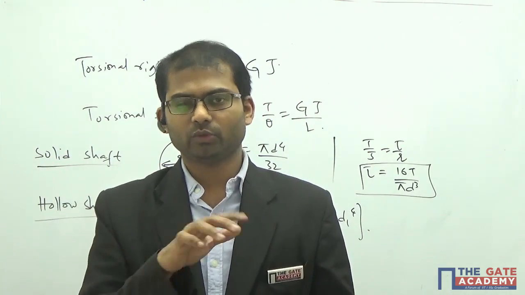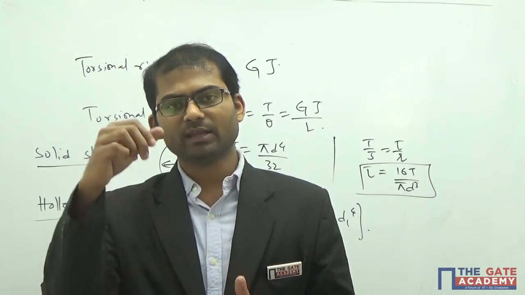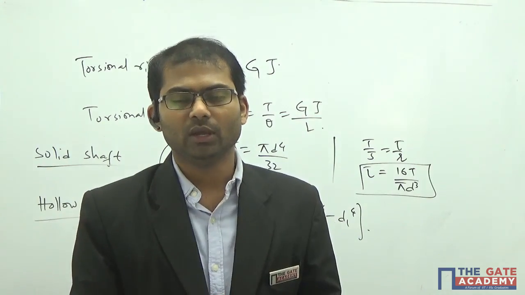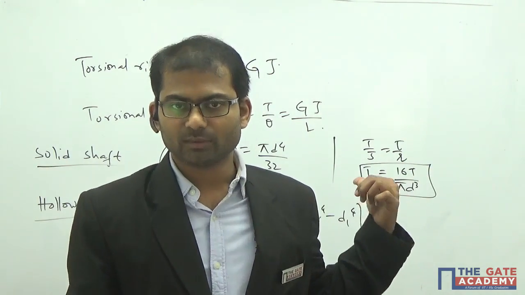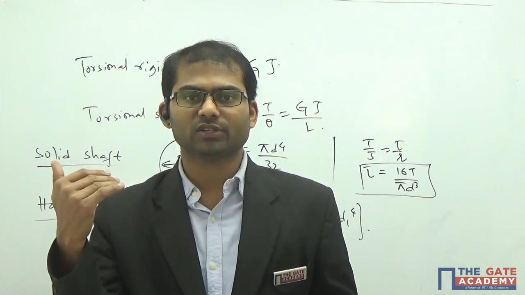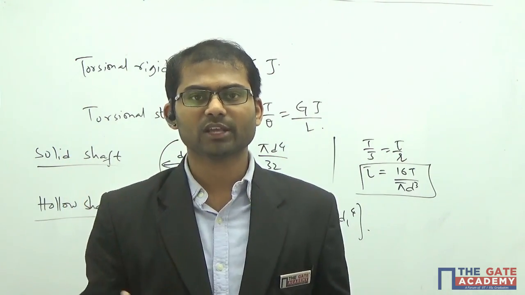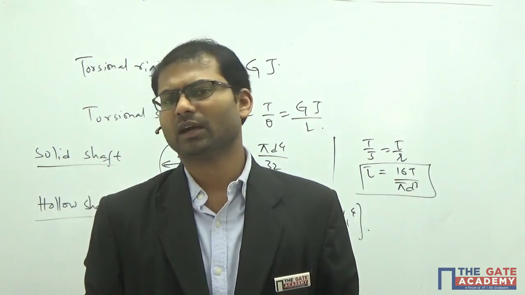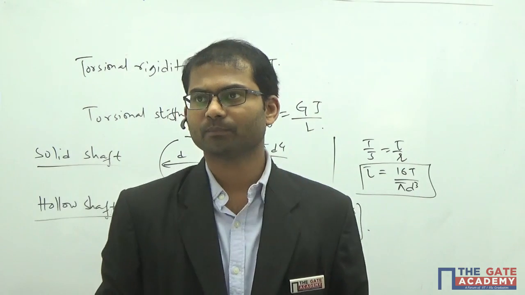To distinguish between them, instead of writing IXX, IYY with suffixes and getting confused, this one is denoted by J. The moment of inertia calculated about the axis of rotation, or the longitudinal axis, is called the polar moment of inertia. So we denote the polar moment of inertia by J and the other moment of inertia simply by I. That's fine.